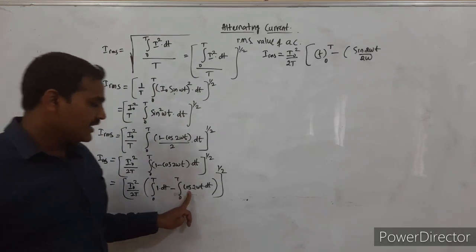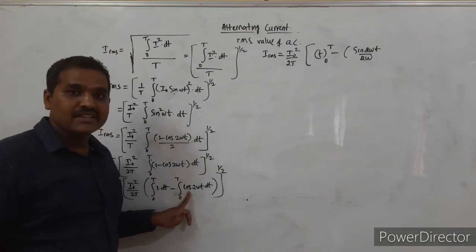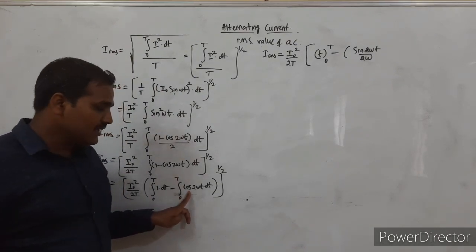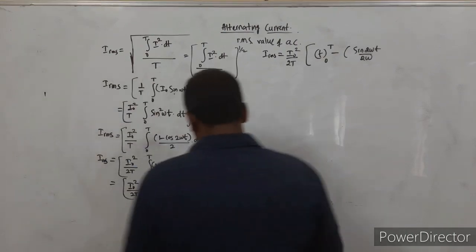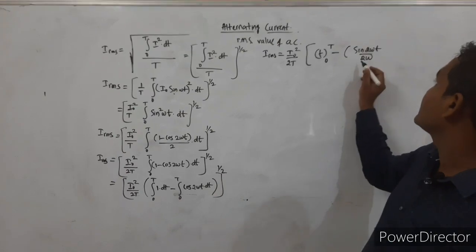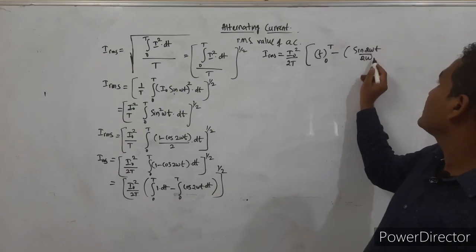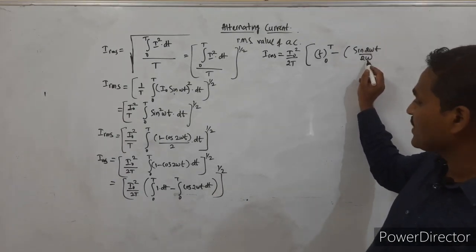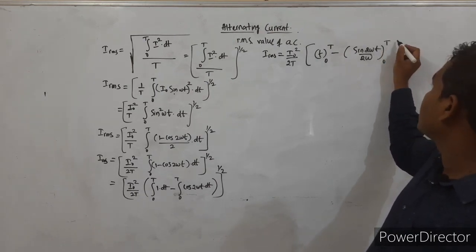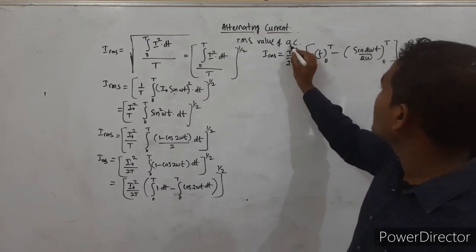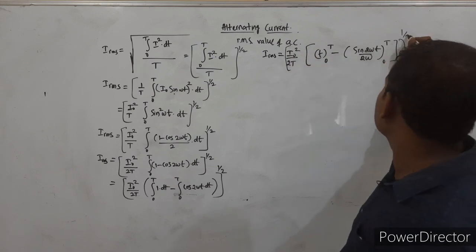Look at this, integration of cos ax is sin ax divided by a. In place of a I have 2 omega here, so integration of cos 2 omega t is equal to sin 2 omega t divided by 2 omega. 2 omega is constant, between the limits of 0 to capital T. And this whole term I have to take the square root.